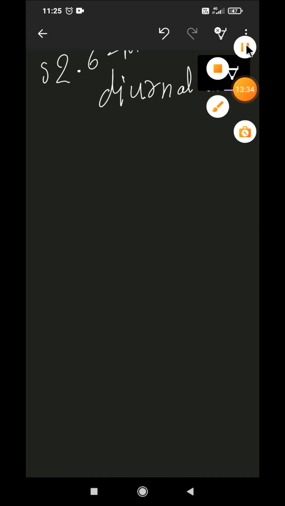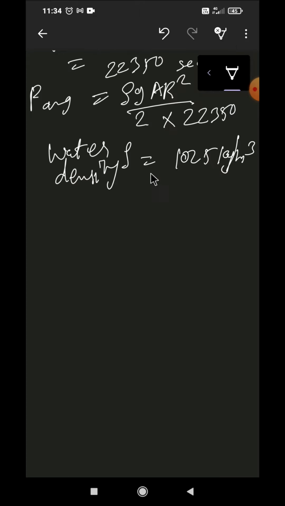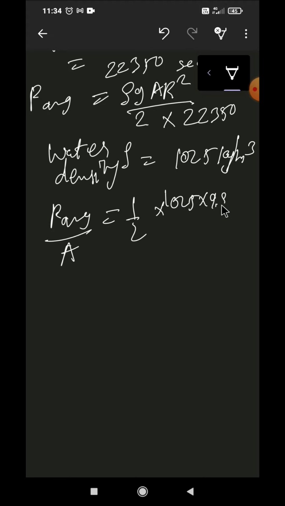Assuming the water density rho is equal to 1025 kg per meter cube, then P average upon area A will be equal to 1 by 2 into 1025 into 9.81 upon 22350 into R square.